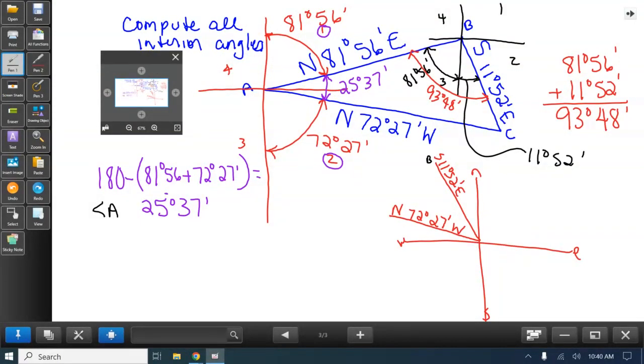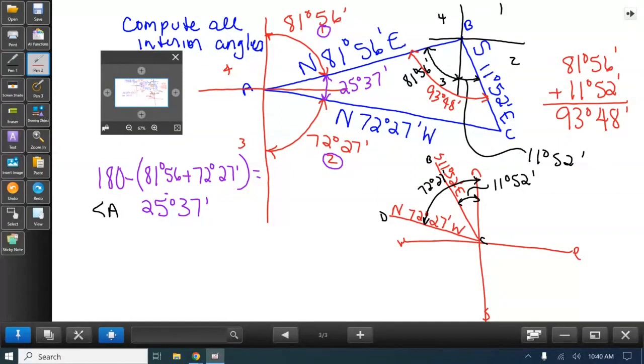That's B to C to D. That's in quadrant 4, so the bearing is the angle it makes from the north. So we've got that. And then this is still in quadrant 4, so this is the 72 degrees, 27 minutes.